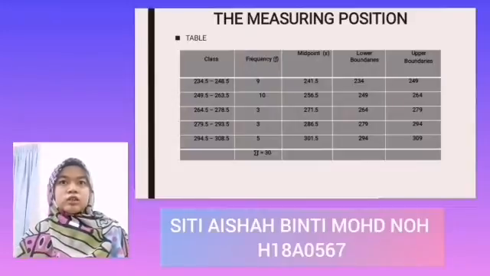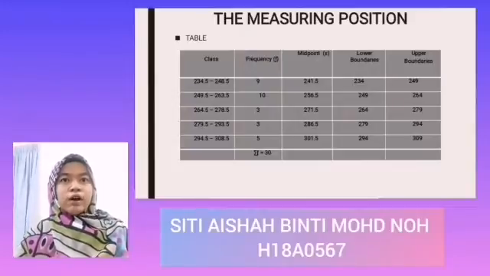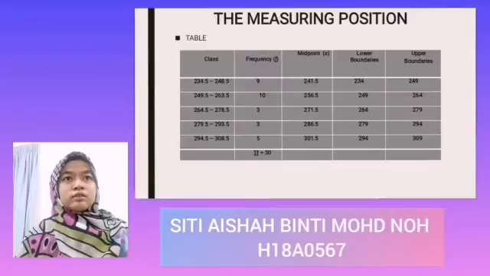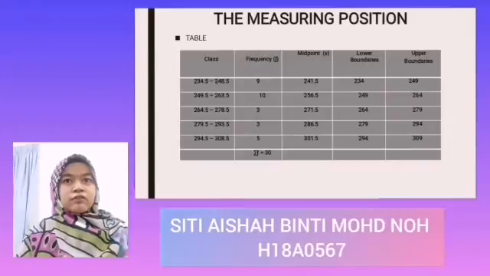For the second class, 249.5 until 293.5. The frequency is 10. Midpoint 256.5. Lower boundary 249. Upper boundary 264.